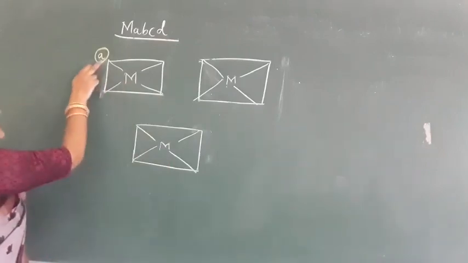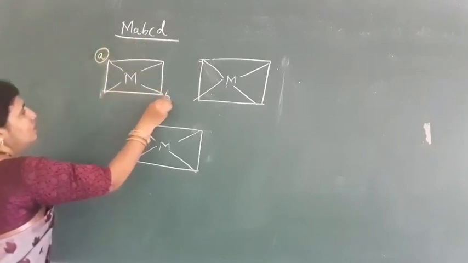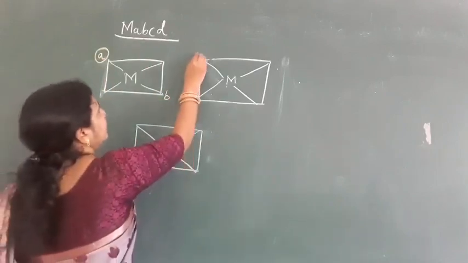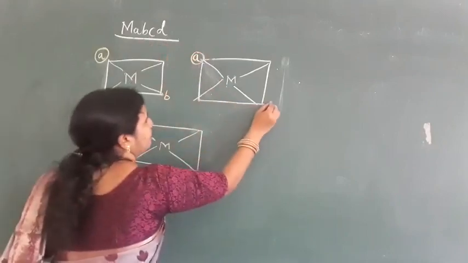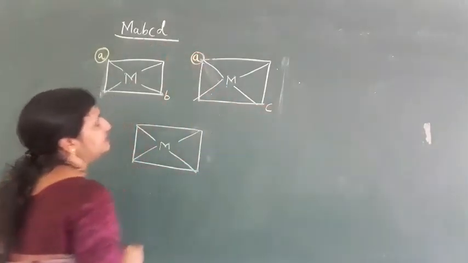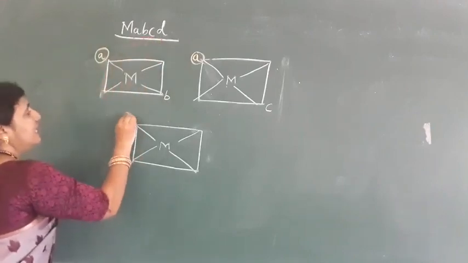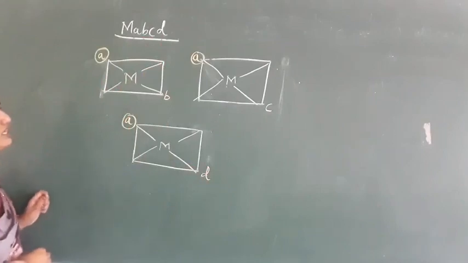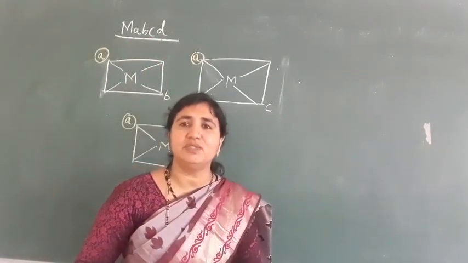How? Here A, keep it fixed, and B opposite to A here, in the first case. In the second case, A is fixed here, and C will be opposite to A here. This is trans form. And D: A keep it fixed here, and D will be opposite to A here. Like this we can make three trans forms. Trans forms are fewer and cis forms are more.